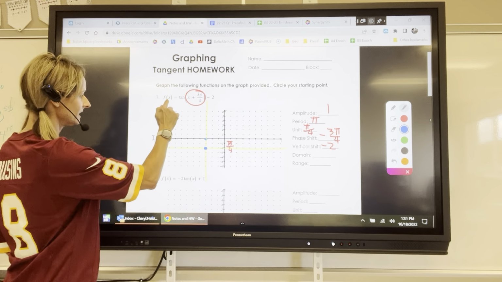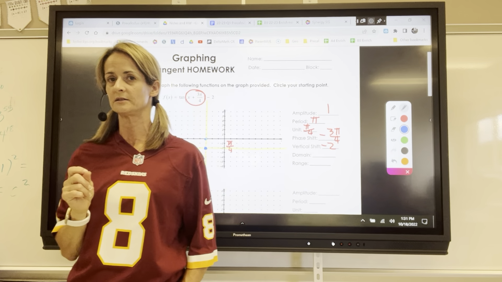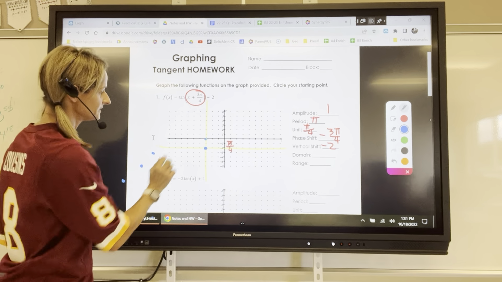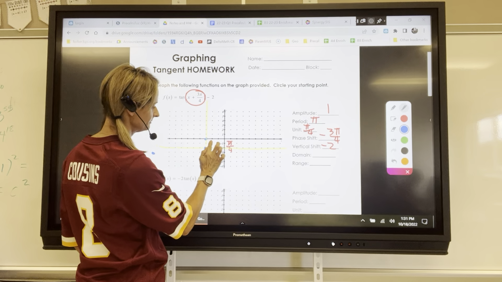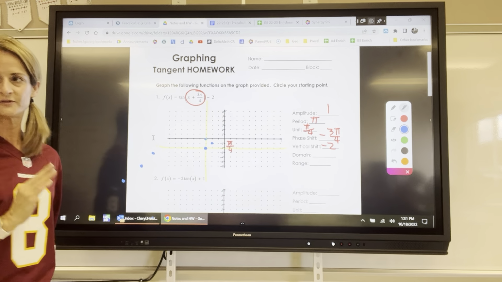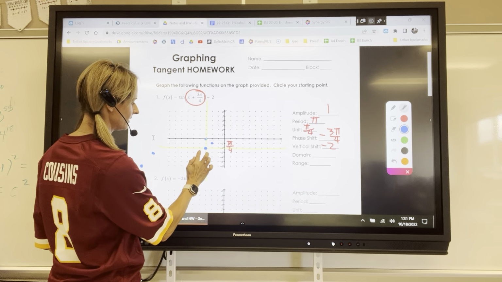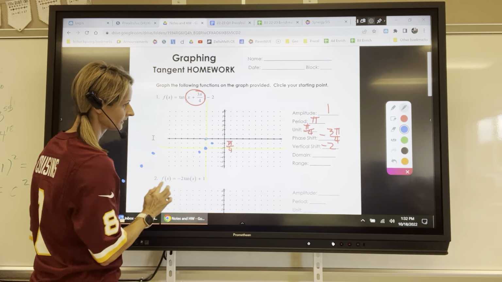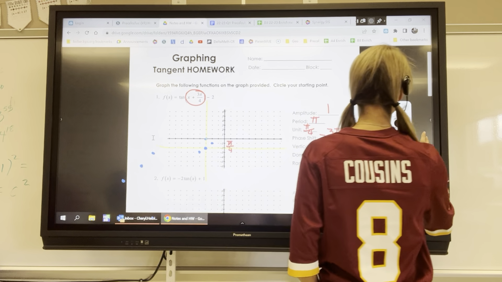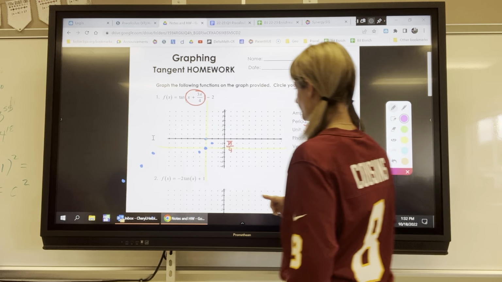And then at pi over 2, we have an undefined because the tangent of pi over 2 is undefined. So from the 0, 0, I'm going to go over 1, up 1, because our amplitude is 1, so we don't have to worry about a stretch. Left 1, down 1. And then I'm also going to draw with the highlighter.